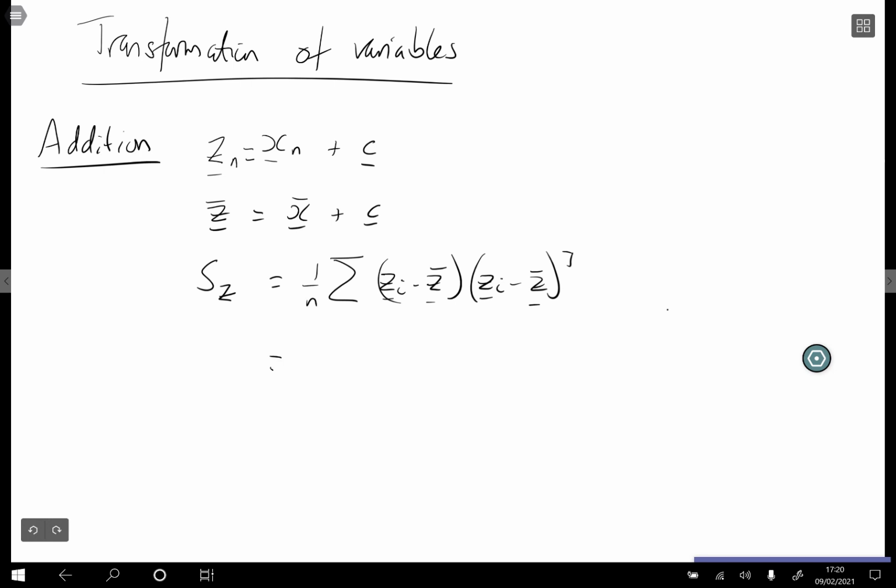And you're going to see quite quickly, if you think about it, that this is just the same as the covariance matrix of x. So, in other words, adding a constant here is not going to make any difference at all to the principal components analysis. So, PCA is invariant under addition.